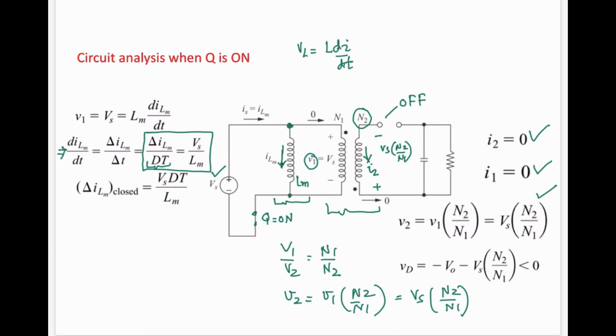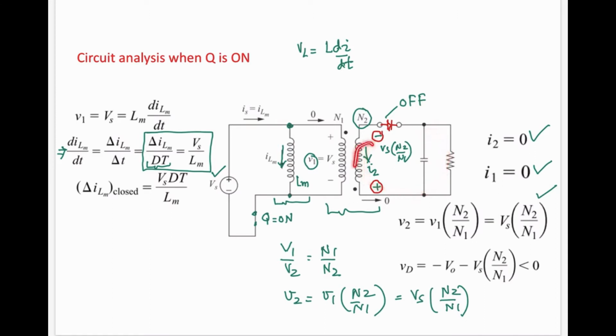So what will be the voltage across your diode? The diode over here is reverse biased because of the negative voltage at its anode, so it will have to withstand the whole voltage that is present in the loop. So this is the loop.